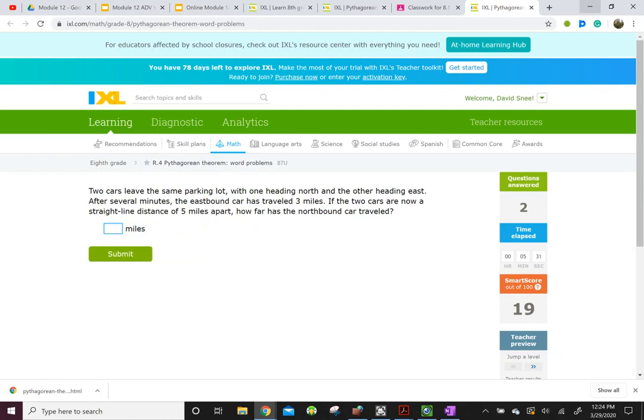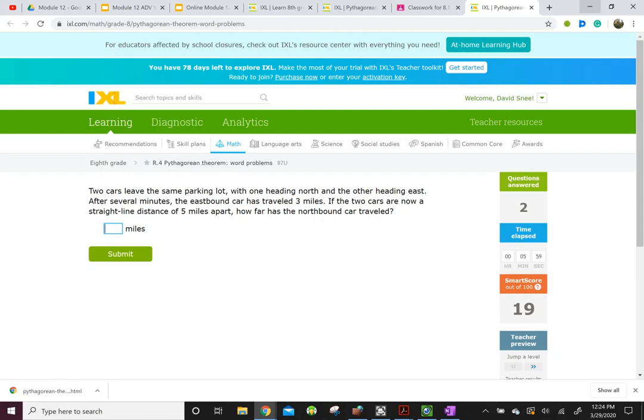All right. Now we have 2 cars leaving the same parking lot, with one heading north and the other heading east. So I'm going to do this one on my scratch paper. One's going north and one's going east. After several minutes, the eastbound car has traveled 3 miles.